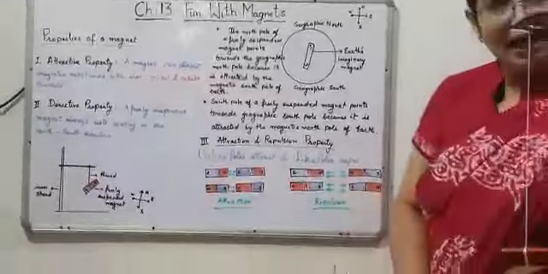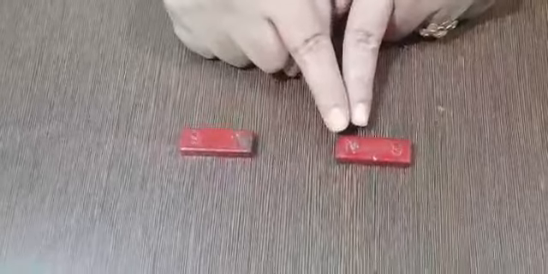Let us perform an activity to understand it better. I am having here two bar magnets with me, with north pole, south pole, north pole and south pole. If I bring the like poles, that means north pole towards north pole, let's see what happens.